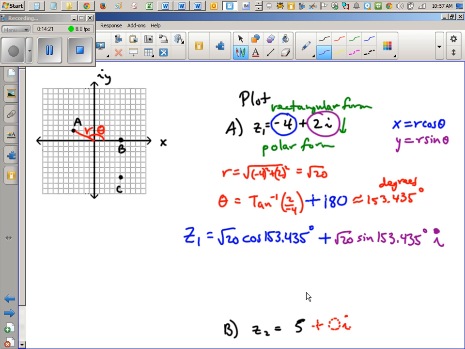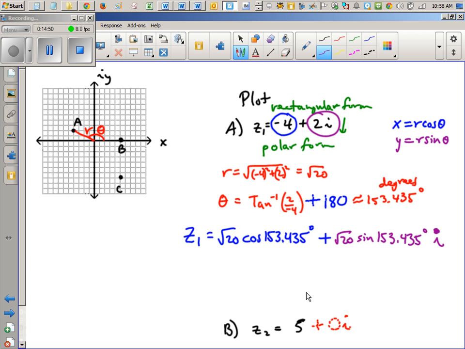Yes. That's the purple there. And that's 2, right? That's my whole point, you guys. I'm saying that negative 4 plus 2i can easily be written also as root 20 cos 153 plus root 20 sine 153i. It's the same thing as negative 4 plus 2i.